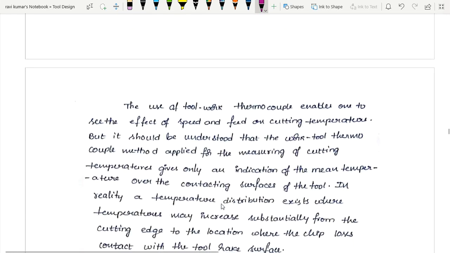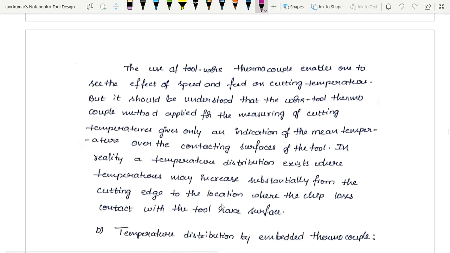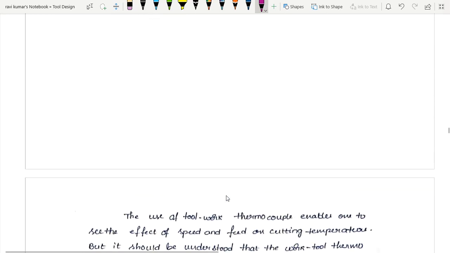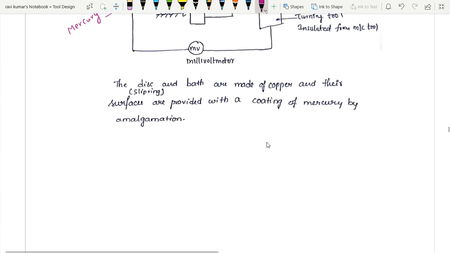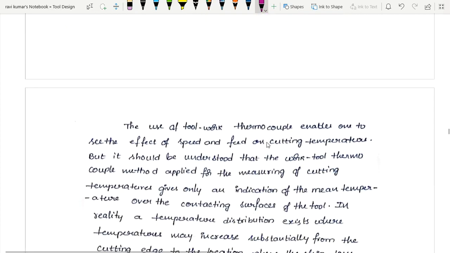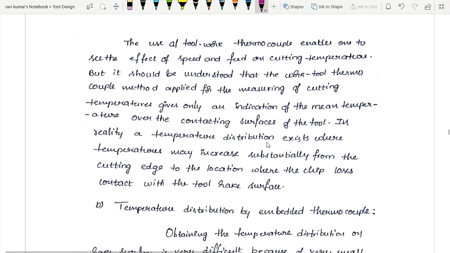If you try to understand at what place the temperature is measured, though it is called a hot junction, one should understand that even in the cutting region there is a distribution in temperature. Temperature is not going to be constant at all places.